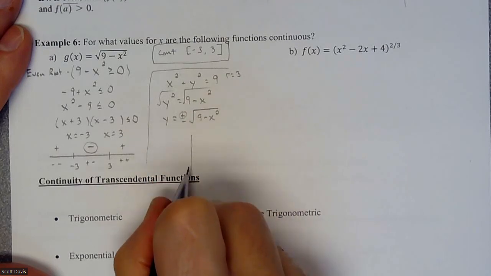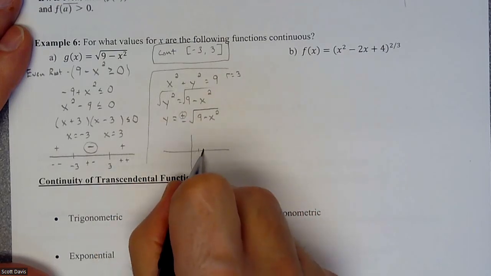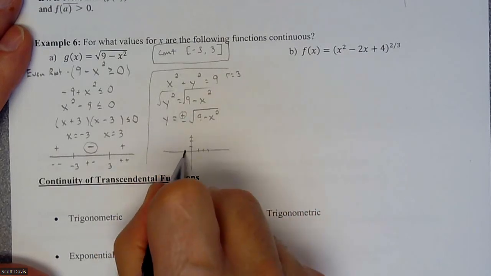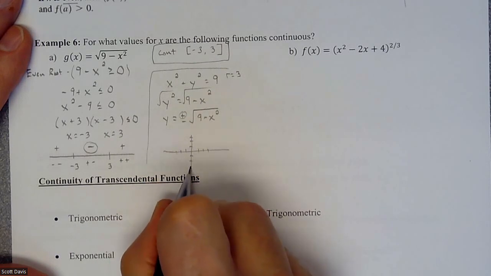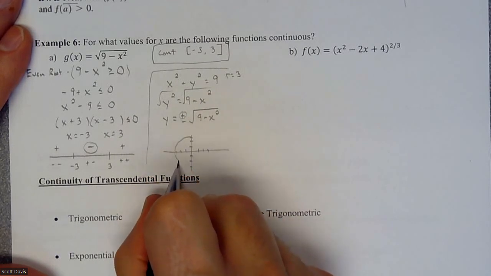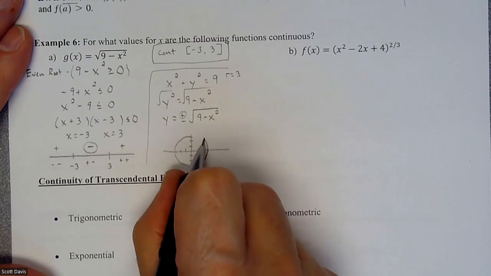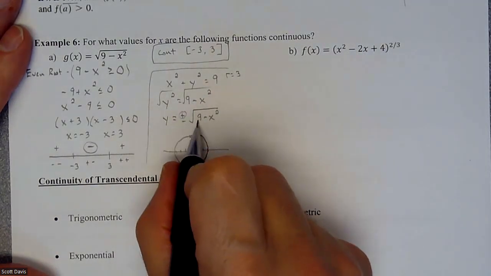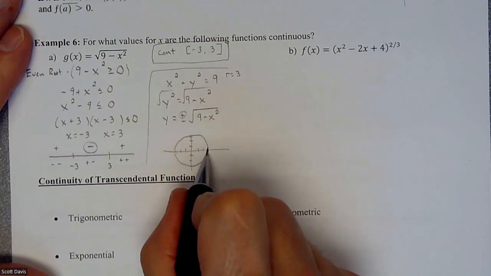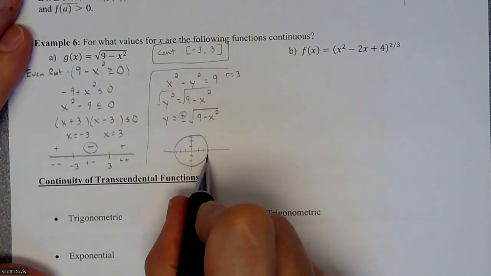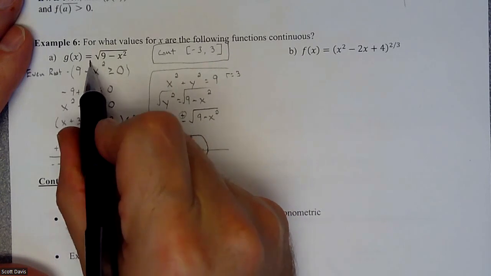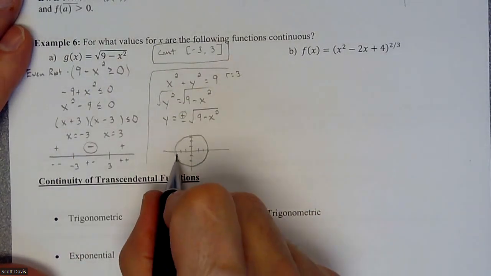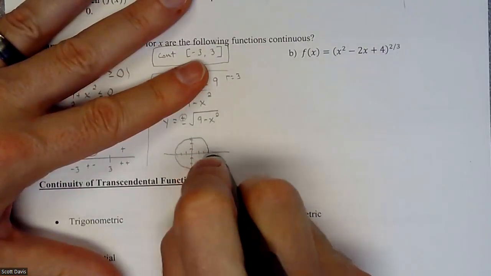So visually, you'd have a circle that would look something like that, but the positive square root would be this section, and the negative would be this section. Since we're not doing the negative, that part wouldn't exist for us.